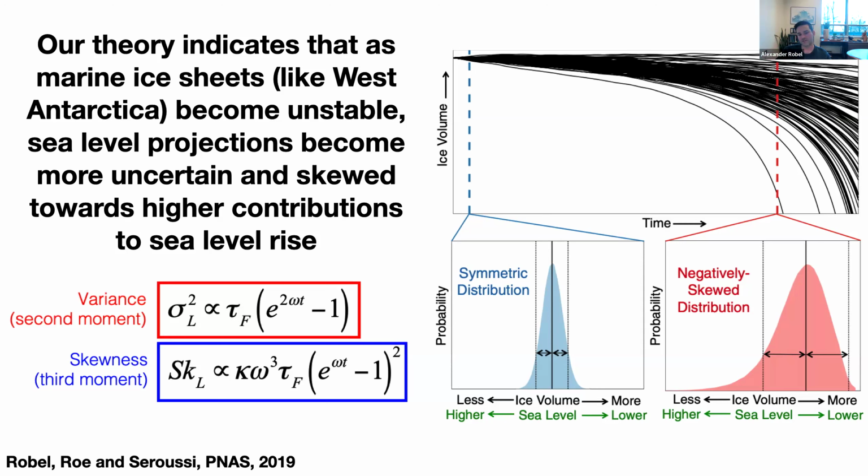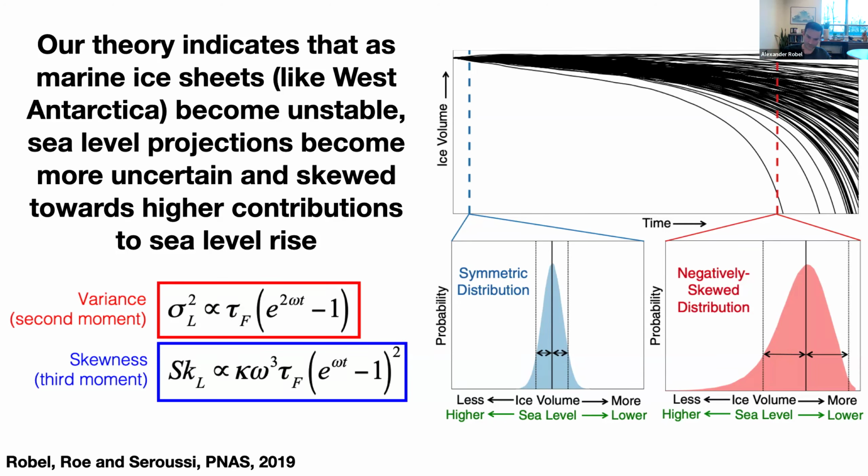One of the other outcomes from this theory is that in these ensembles of projections of future ice sheet change, you will consistently always be skewed towards worst case scenarios. That is to say, more sea level rise. And this is simply a function of the nonlinearity inherent in these ice sheet dynamics.